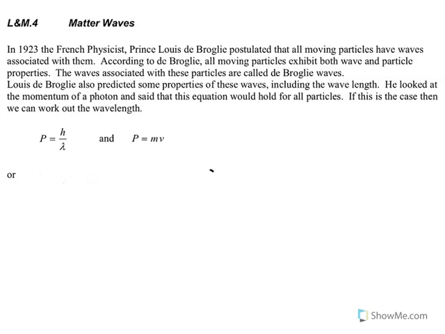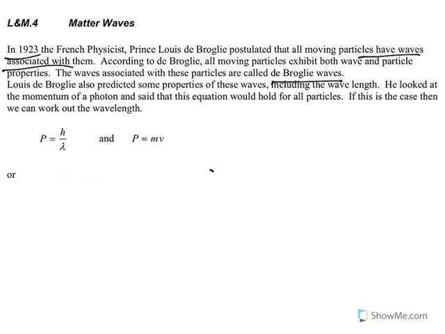Louis de Broglie postulated all moving particles have waves associated with them. This is 1923, after all of this stuff's going on. So he's come up with the idea that particles can have wave properties. So you should be able to work out a wavelength, and we call them de Broglie waves.